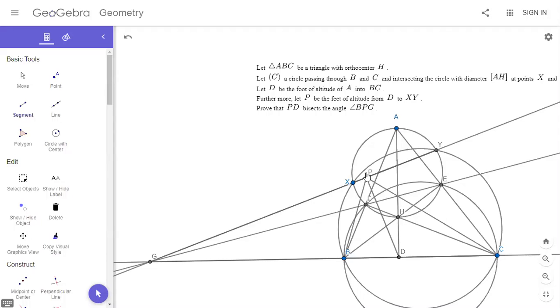Angle GPD is 90 degrees because P is the foot of the altitude from D to XY. But why is it perpendicular? Oh, why is DP perpendicular to XY? That's given in the problem statement.